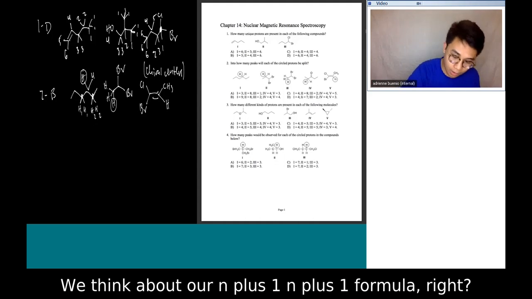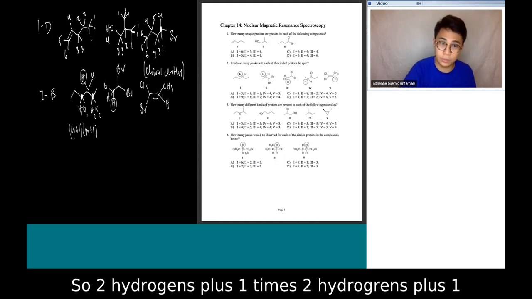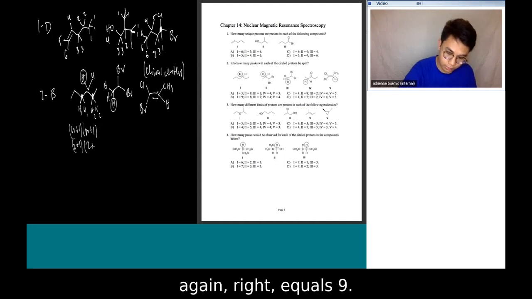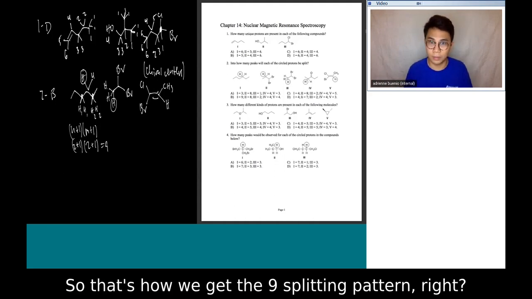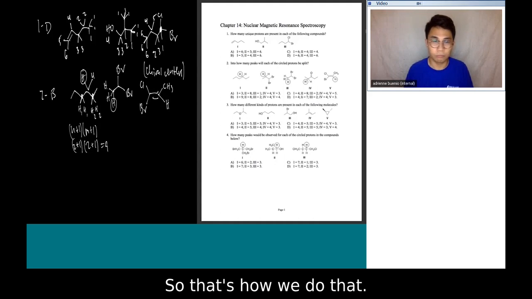We think about our n plus 1, m plus 1 formula, right? So 2 hydrogens plus 1 times 2 hydrogens plus 1, again, right, equals 9. So that's how we get the 9 splitting pattern, right? So that's how we do that.